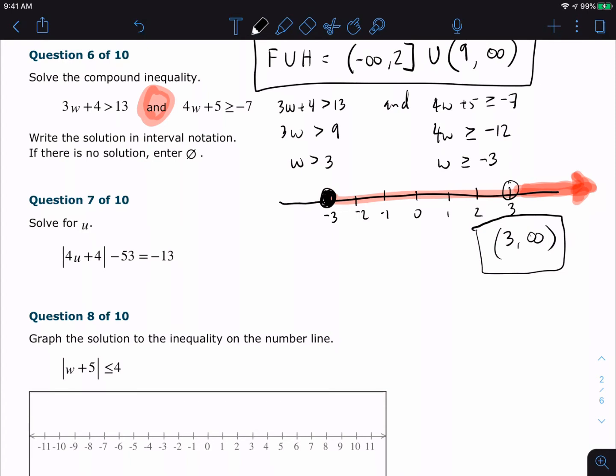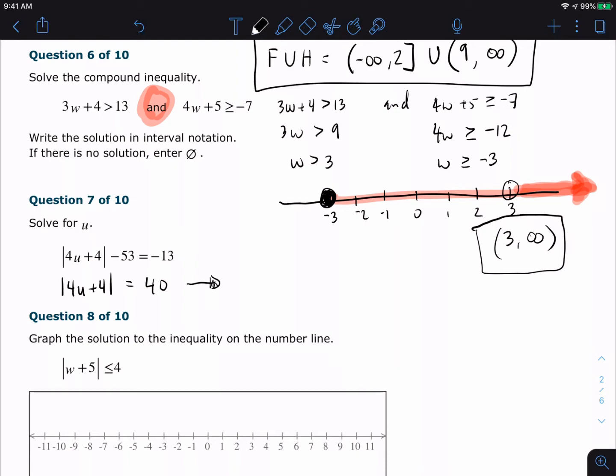So before we attack this problem, I want to get the absolute value by itself. So I'm going to go absolute value of 4u plus 4 is equal to 40. Does everyone understand how I got the 40? Right? I added 53 to both sides. And now that I have that absolute value, I got to do a trick.